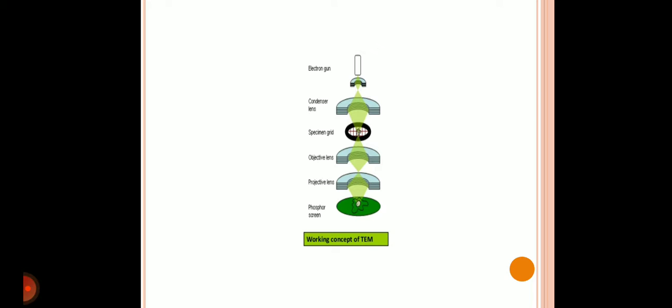This stream is focused to a small, thin, coherent beam by the use of condenser lenses 1 and 2. The first lens is usually controlled by the spot size knob, and largely determines the spot size, the general size range of the final spot that strikes the sample.